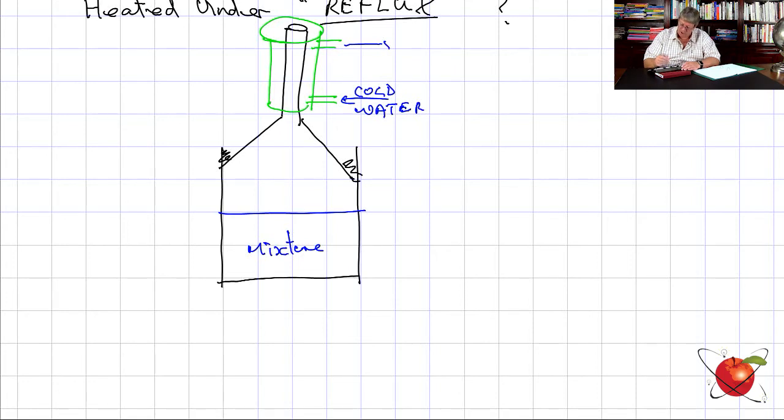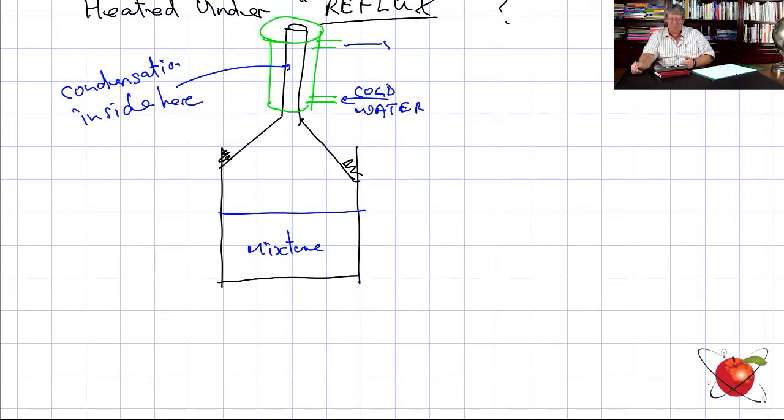So inside here we get condensation. If any of you have ever done it, you get a Liebig condenser, where you boil water here and what drips out the other end is distilled water. This is so that all of the gases become drops and fall back in.